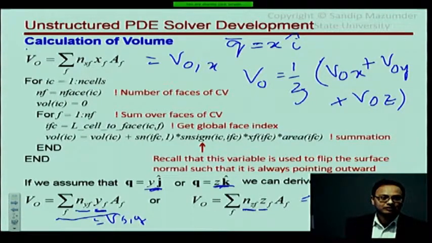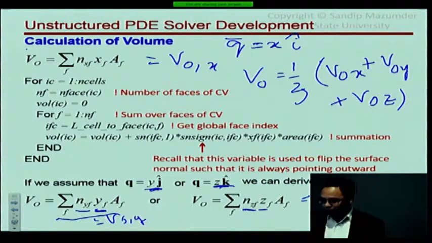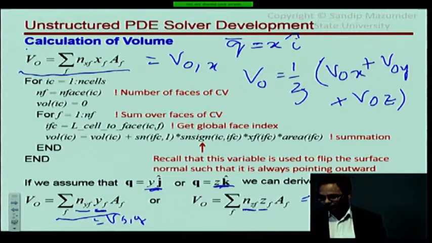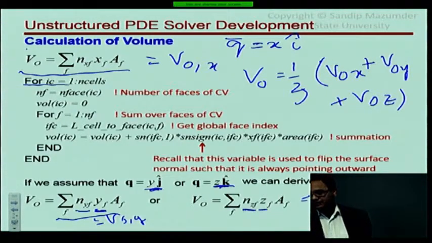Here's a little code for calculating the volume, this formula here. So what are we doing here? I'm looping over all cells, because I want to calculate the volume of all cells in my computational domain. From the cell index, I'm getting how many faces this cell, or that control volume, has.